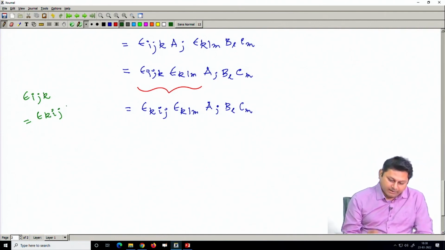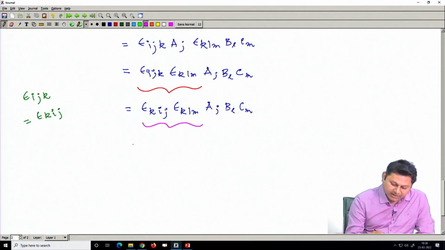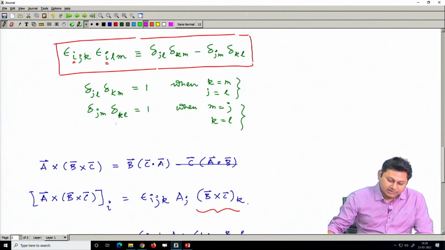Now, once I get this quantity, I am in a position to expand it the way I expanded before, because I know the rule.